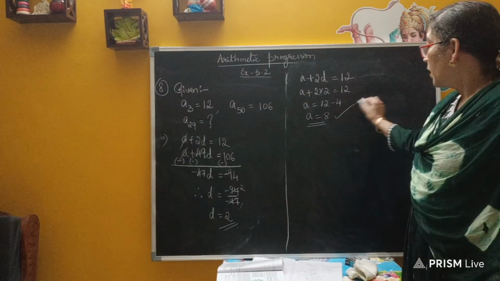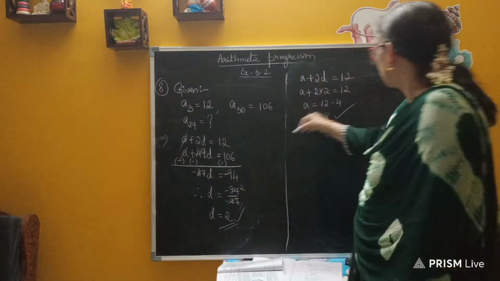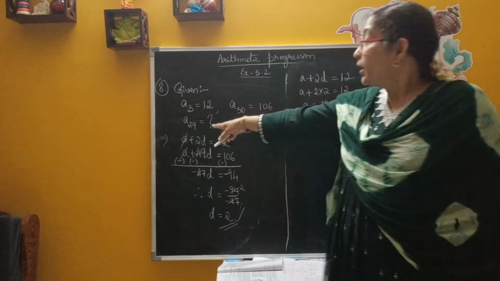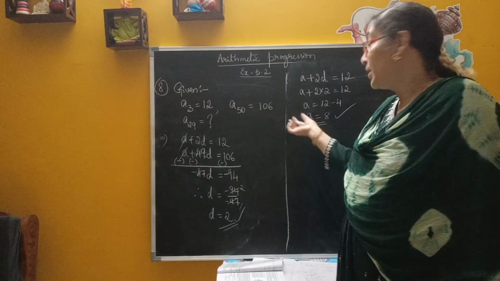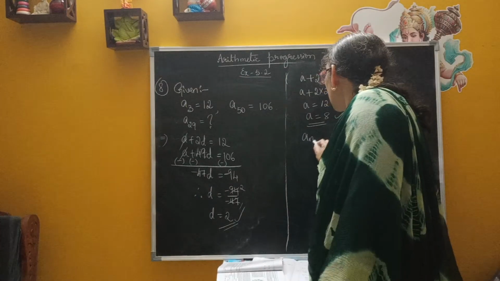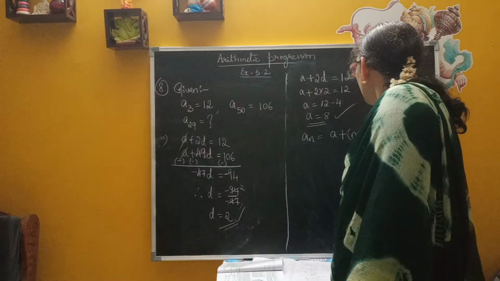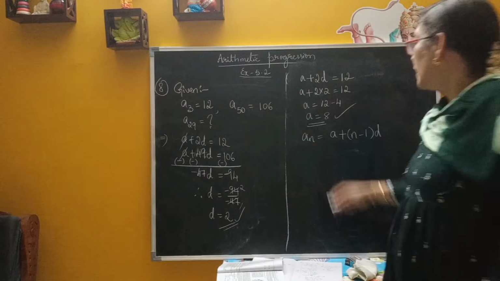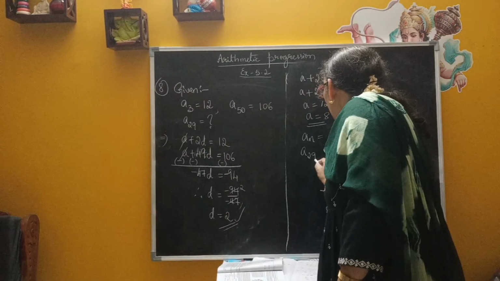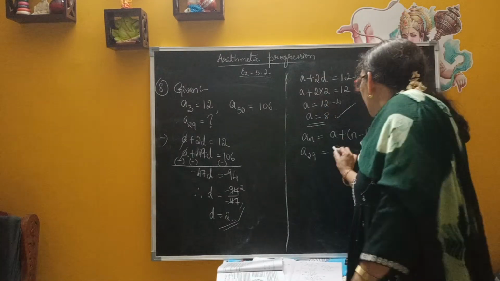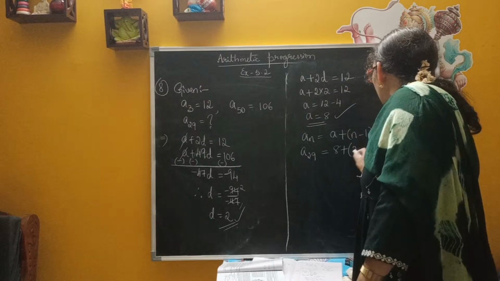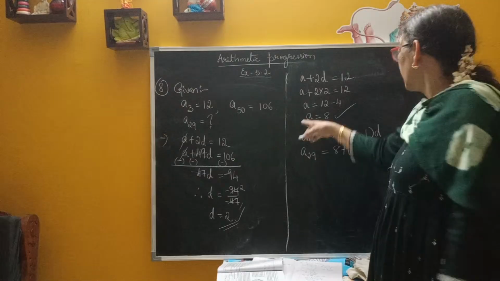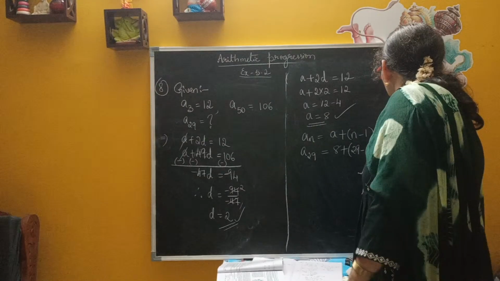So now we have the A value and D value, the first term and the common difference. So can we find the 29th term? Yes, of course. It is very easy now. So what is the formula? An is equal to A plus N minus 1 into D. Substitute the values now. We need to find A29. So A29 is equal to A value 8 plus 29 minus 1, or we can directly write it as 28D, into D value 2.